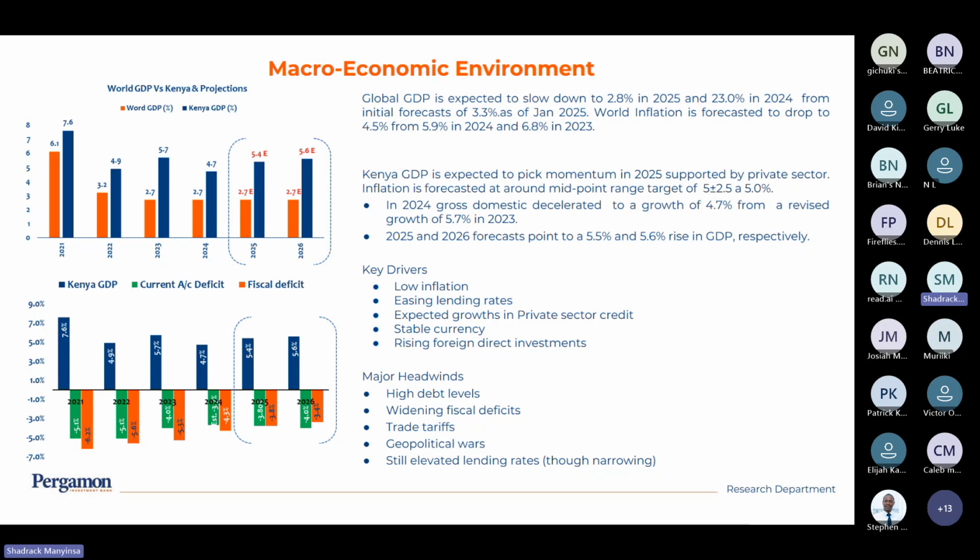We also saw currency instability, but so far that has cooled down. So we expect the economy, at least for this year, to move up around 5% to 5.6%. That is for 2025 and also 2026.